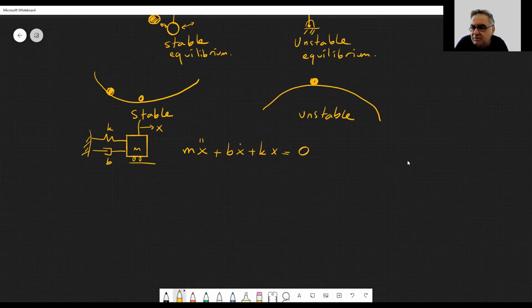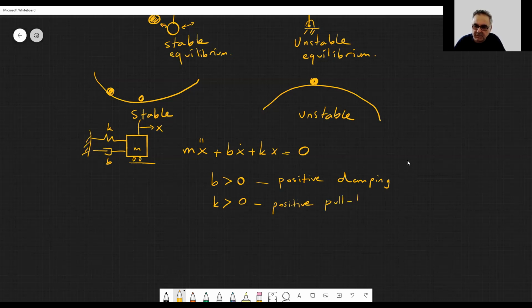But in order to have a stable system, B and K must be greater than 0. B greater than 0 means positive damping, which dissipates energy. And K greater than 0 means positive spring, or positive pullback effect.